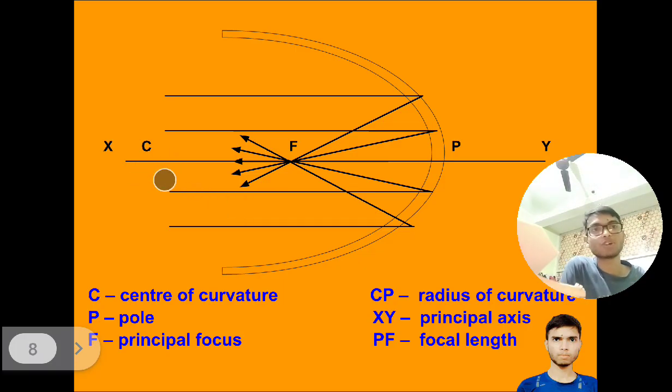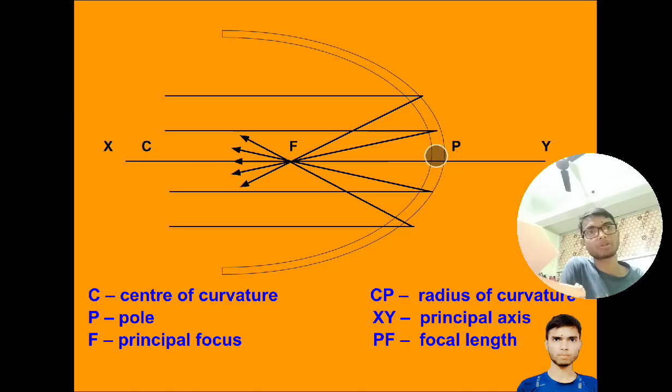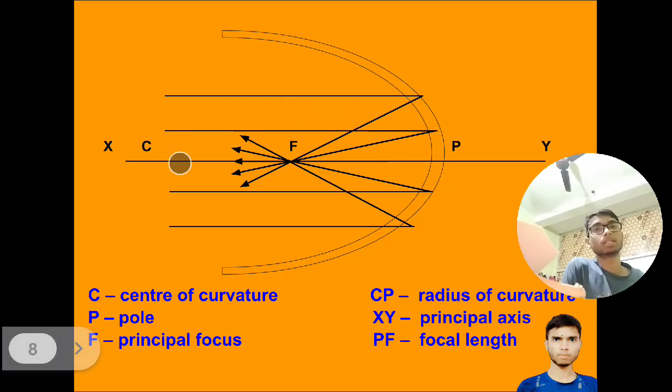It is the center of the spherical mirror. I am not talking about this point, no, it is the pole. Center of curvature is the center of the spherical mirror.